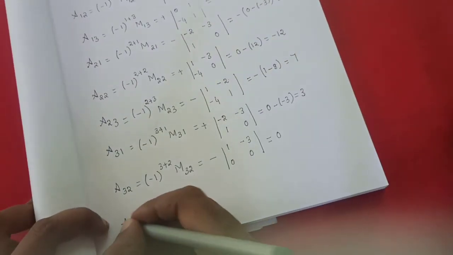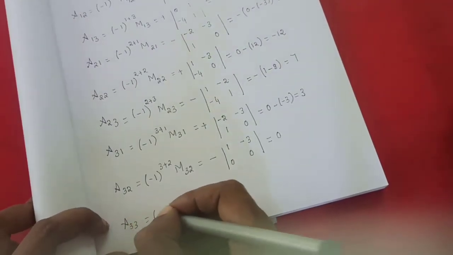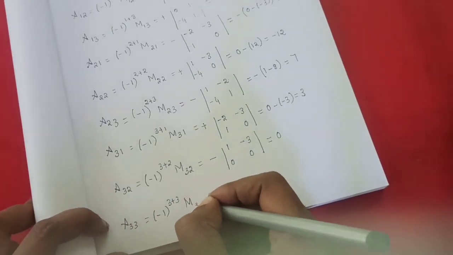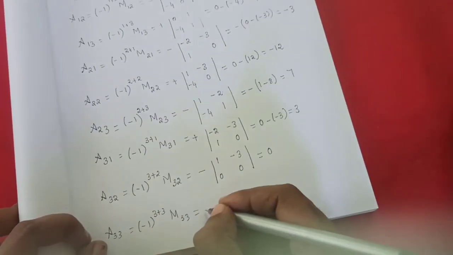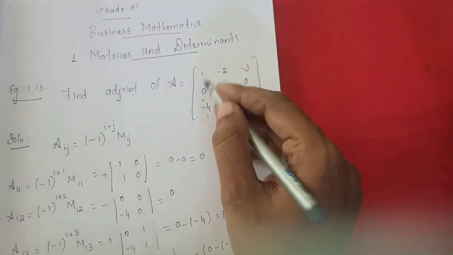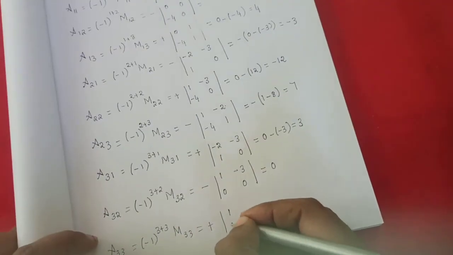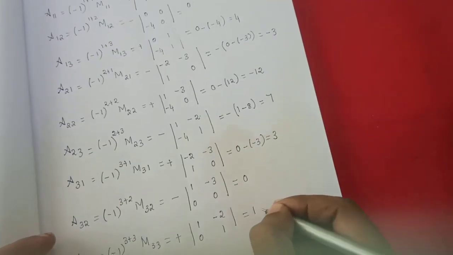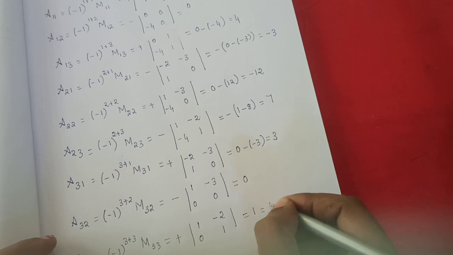Then next one. A33, minus 1 to the power 3 plus 3, M33. That's equal to, the symbol is positive for the last one. This one and this one will go. 1, 0, minus 2, 1. That's equal to 1 minus 0. That's equal to 1.